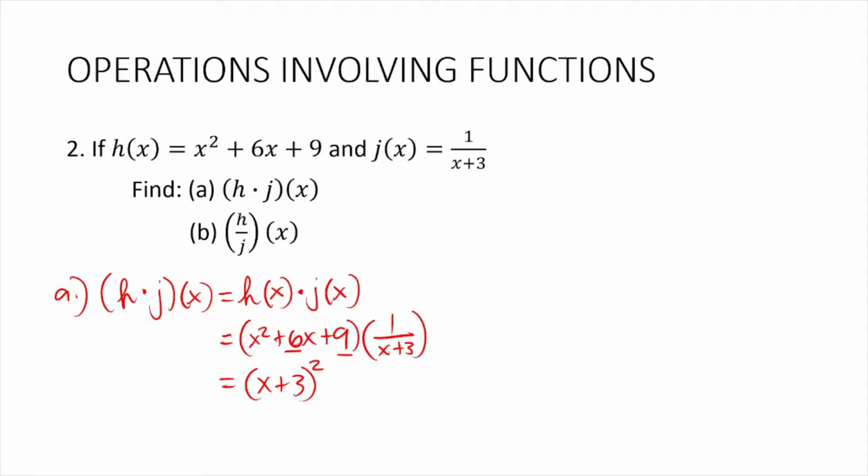So it's a perfect square trinomial. And then j of x again is 1 over x plus 3. So we can cancel out a single x plus 3. So we cancel out 1 factor of x plus 3 here. So we are left with what? 1 factor of x plus 3. Okay, so final answer.